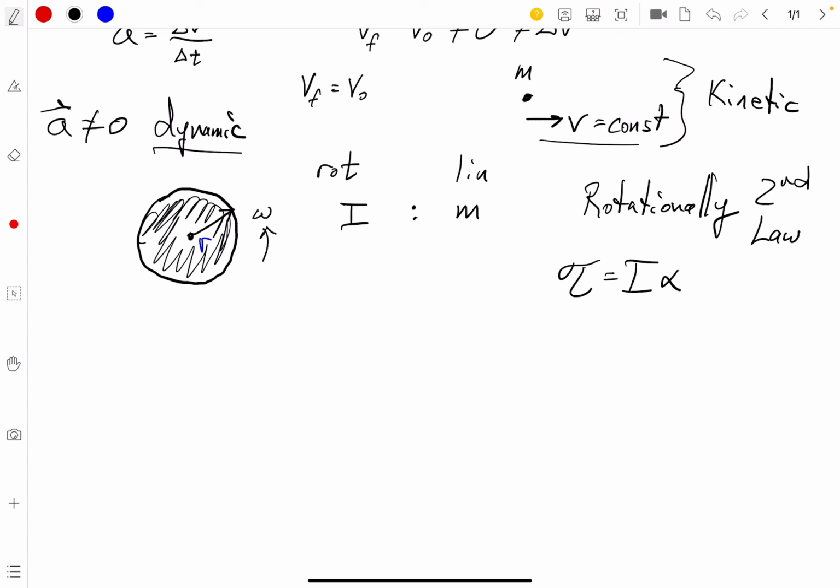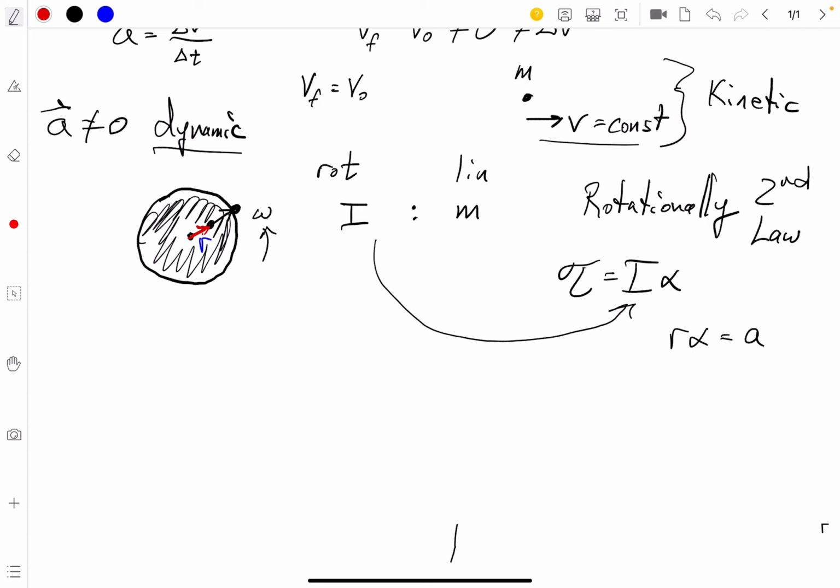So instead of m, we're putting in I, and instead of acceleration, we're putting in alpha. And we all know that if you multiply r times alpha, you get the acceleration. So at any point, if I wanted to know what the acceleration is here, I just have to know what this tiny distance here is.